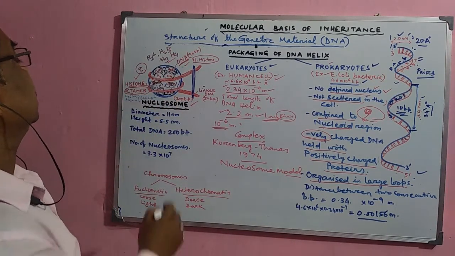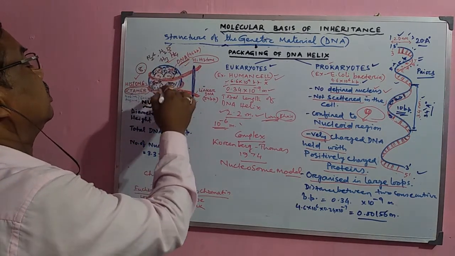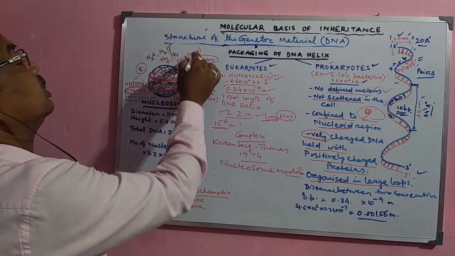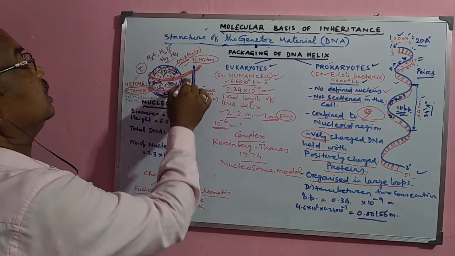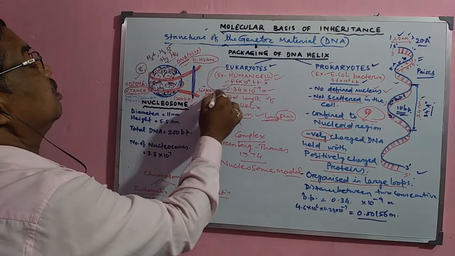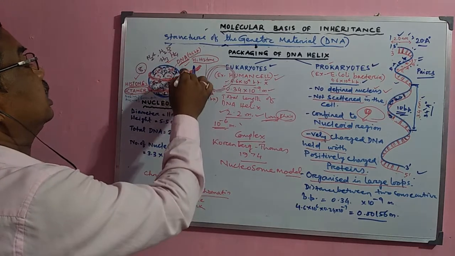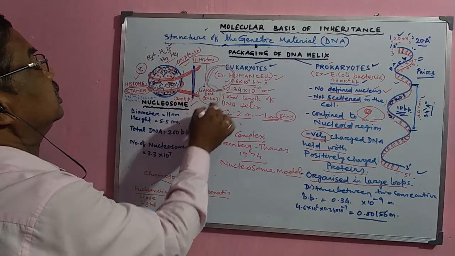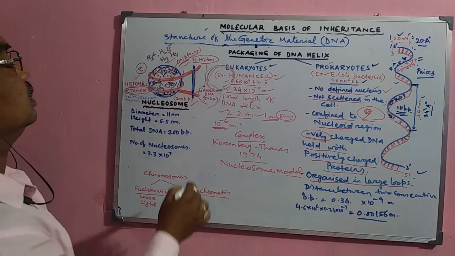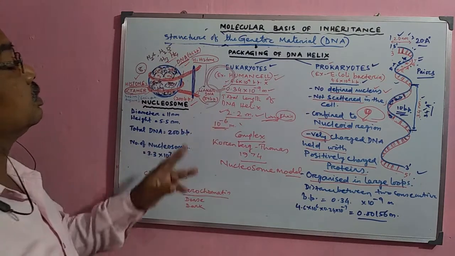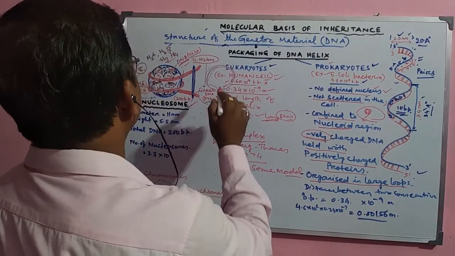The DNA wrapped around is about 146 base pairs, and then the chain of the DNA helix joins another octamer or another nucleosome. This gap is filled by the linker DNA. This DNA which connects the 2 nucleosomes is called the linker DNA, and it consists of 54 base pairs.